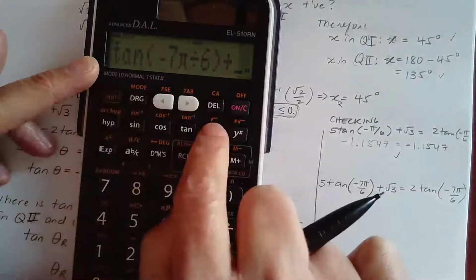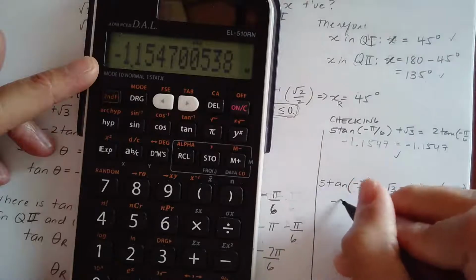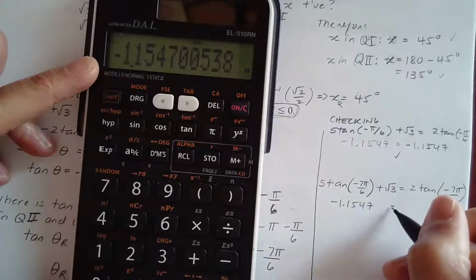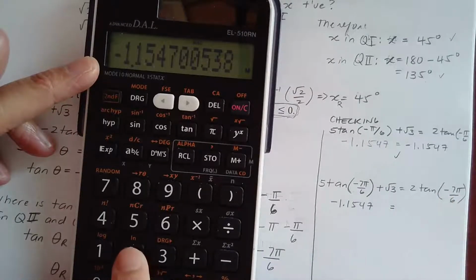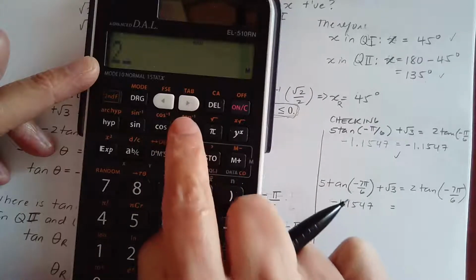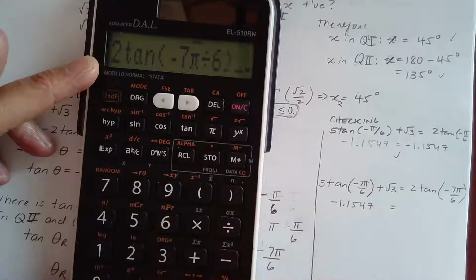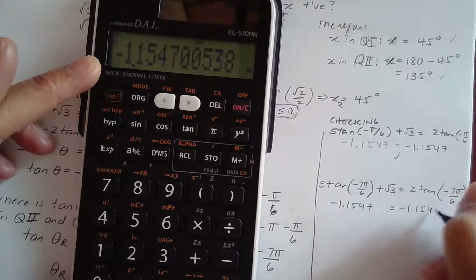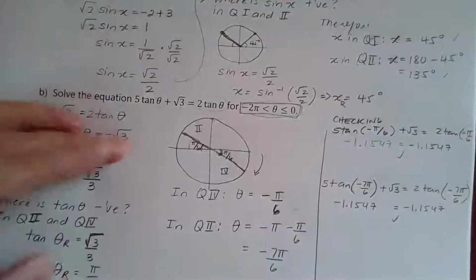Plus root 3. And I get negative 1.1547. Then let's go to the other side: 2 times tan of negative 7 pi by 6. And it's negative 1.1547. It's the same thing, so that means our solutions are correct.